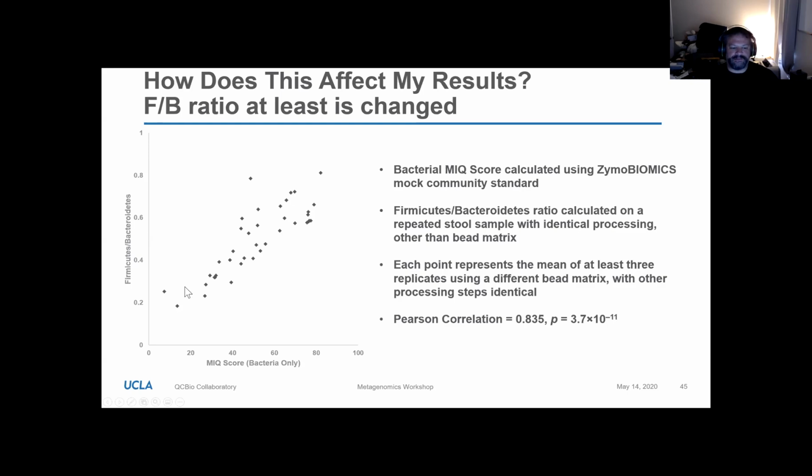This basically means that just swapping out different bead types can give me a very different impression of my sample. The Pearson correlation on this was high, like 0.83, which is especially impressive considering that this is just trying a bunch of different beads. So there's potentially a lot of variability in just how the beads are going to behave, with a very high statistical significance.